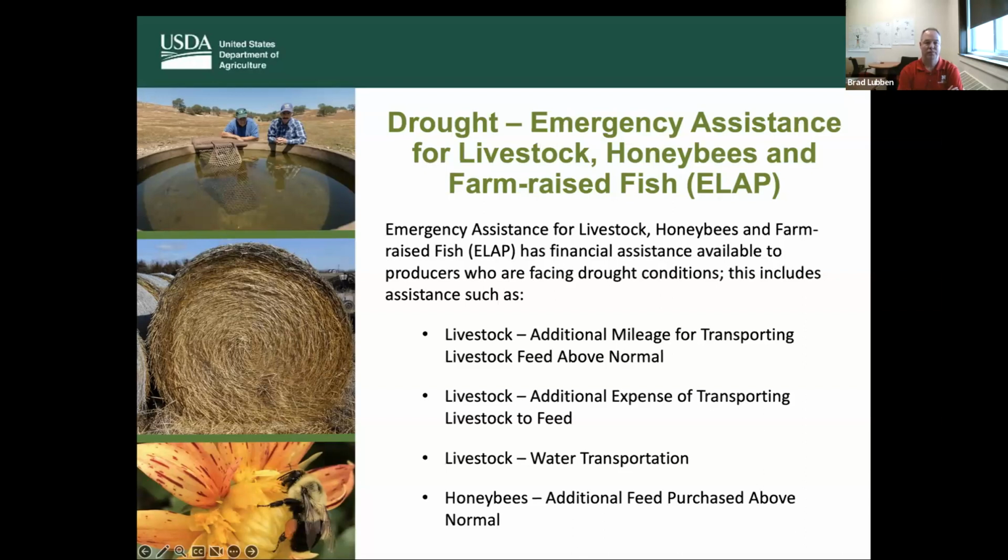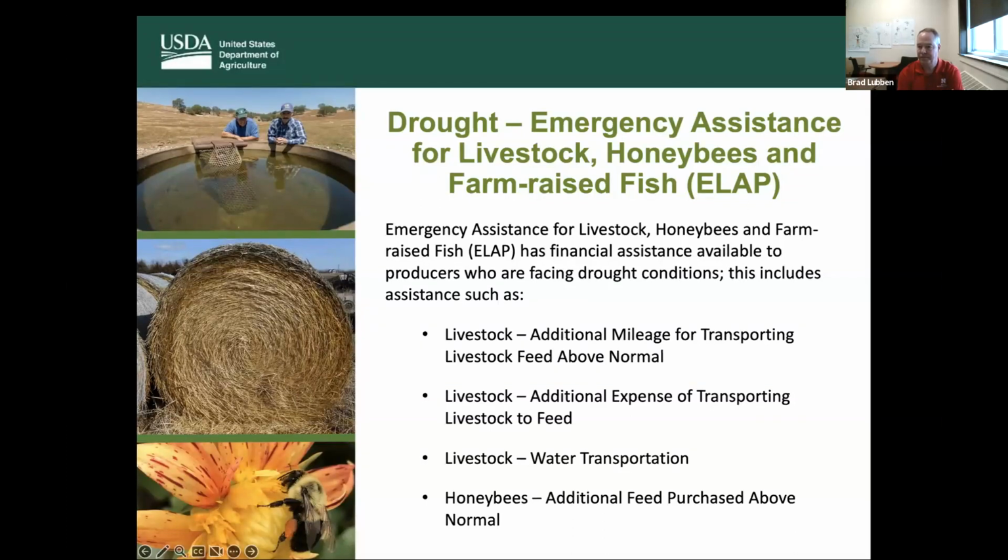Third, water transportation. So that would be bringing water in to livestock who are grazing on eligible grazing lands that you would not normally have to do as far as water transportation. And then we do provide some additional feed purchased above normal for honeybees, but primarily today, we're going to focus on those top three.